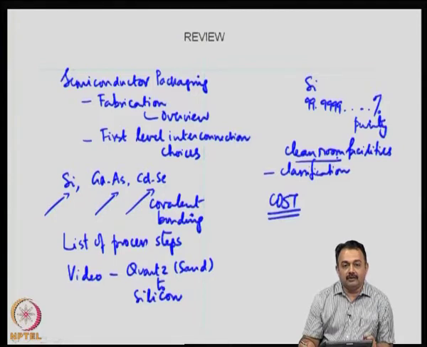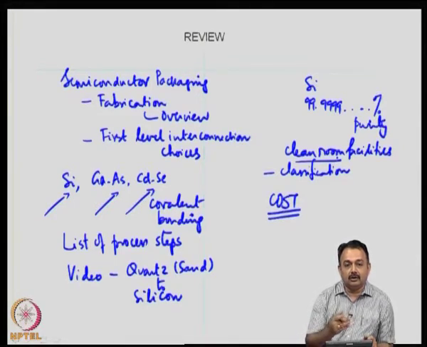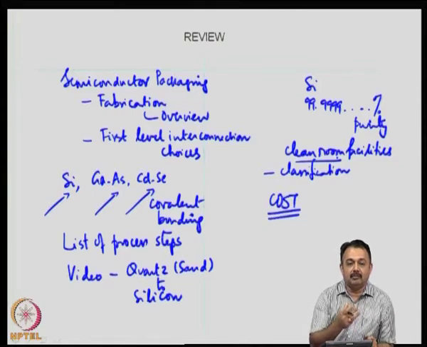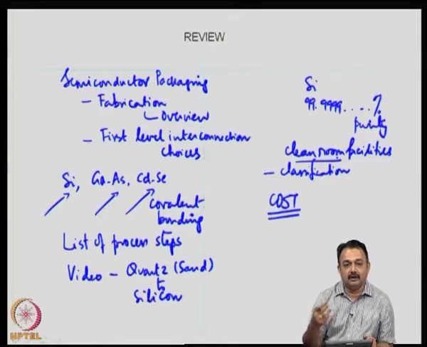So, that video was a very short clip which really quickly took us from a basic sand material to a wafer, and then how a wafer is singulated into a basic die and then how it is packaged.